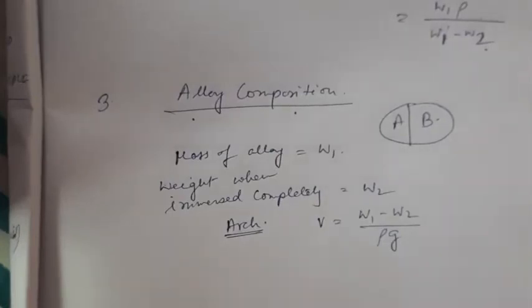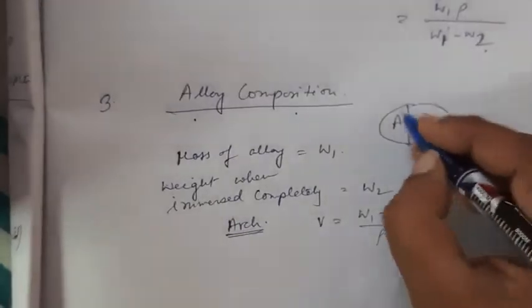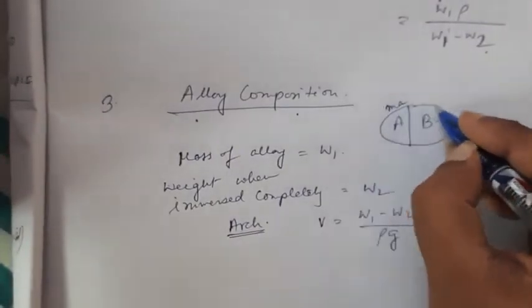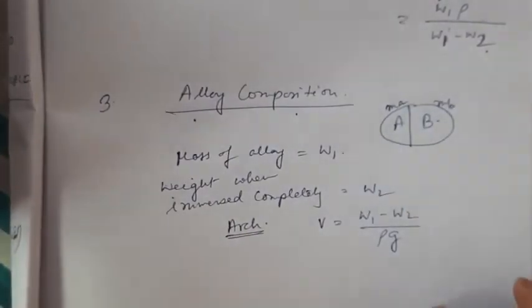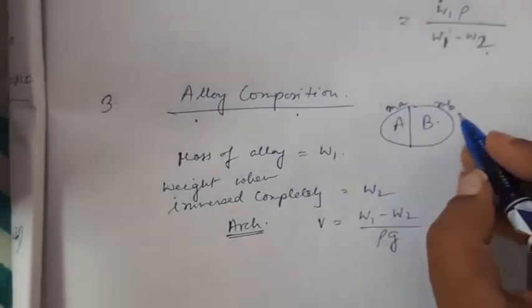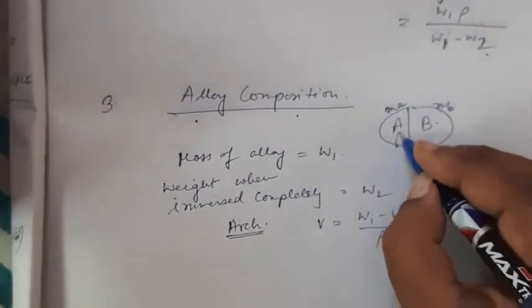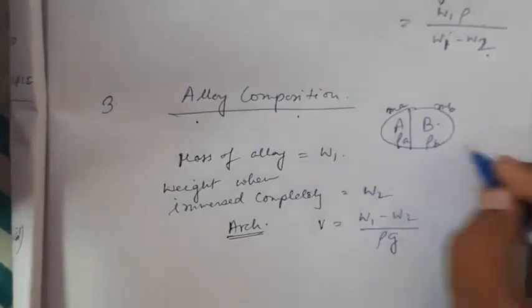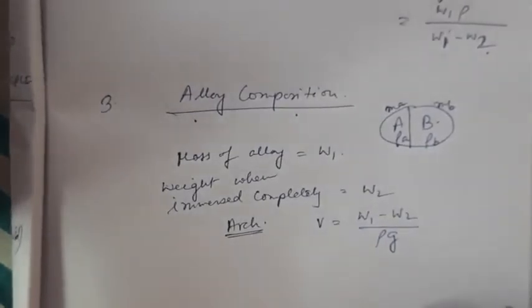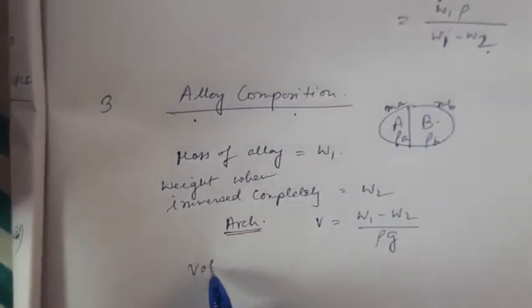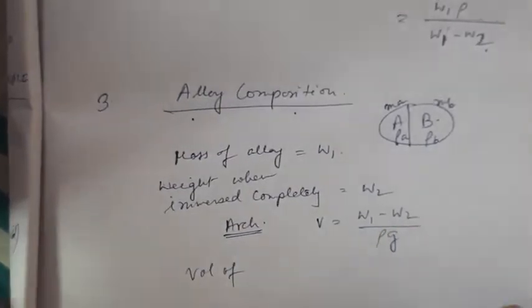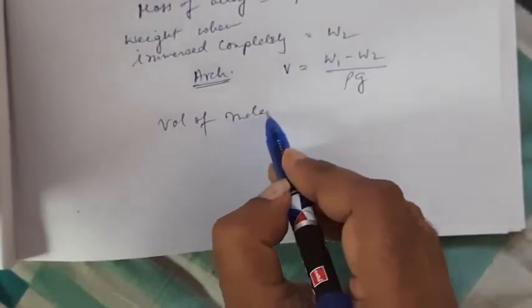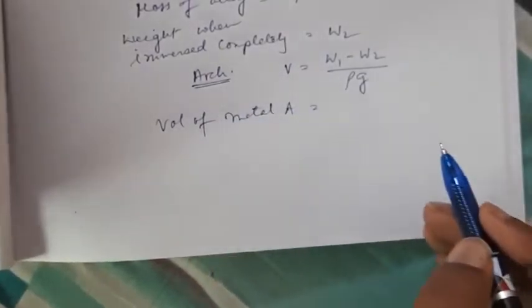Now the masses and the densities of the metals: let Ma and Mb be the masses of A and B, and rho A and rho B their densities respectively. So the volume of metal A, how do we find it out?